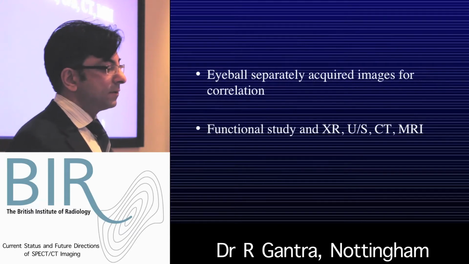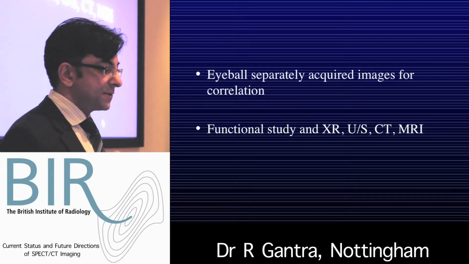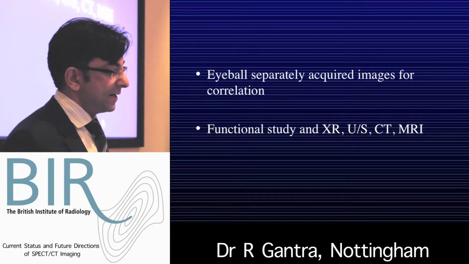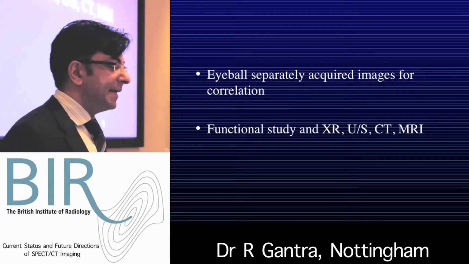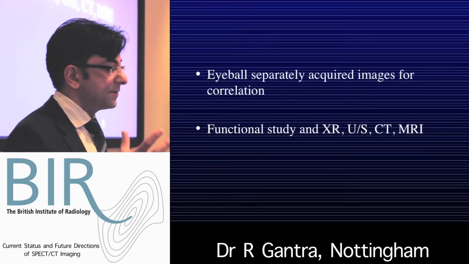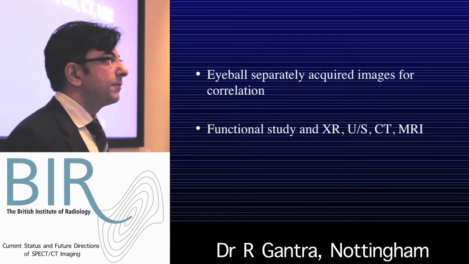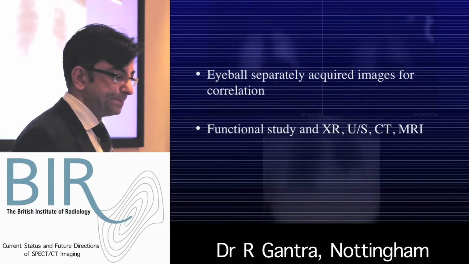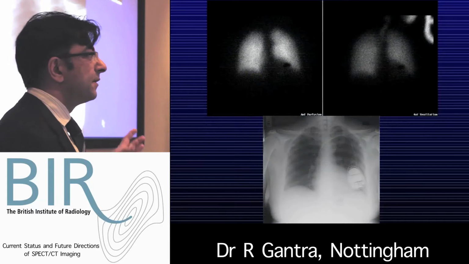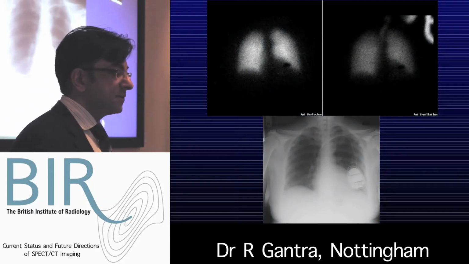So we can eyeball the data sets separately with computer screens side by side, and we can correlate them ourselves to say a lesion at this site roughly correlates to that structural abnormality, for instance. You can do that for most functional data, actually, using a whole set of structural imaging techniques. And we do this every day, and for those of you who have been taken over by the CTPA era, this is a VQ scan.